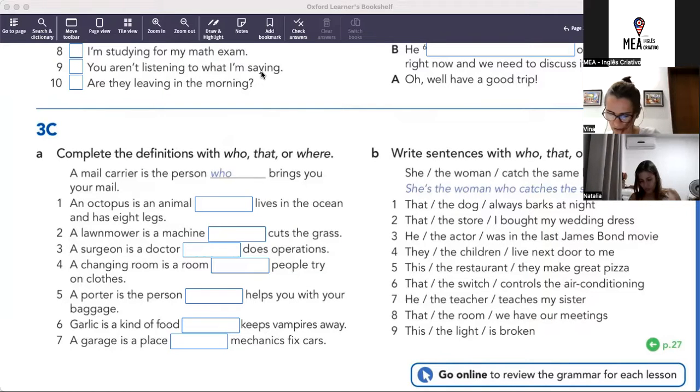A change room is a room. Doing easy, girls. 1 minute, teacher. Okay, no problem. Susan is a doctor.